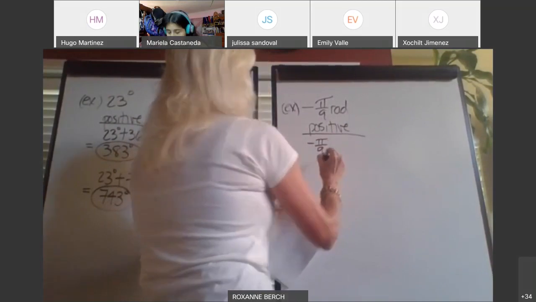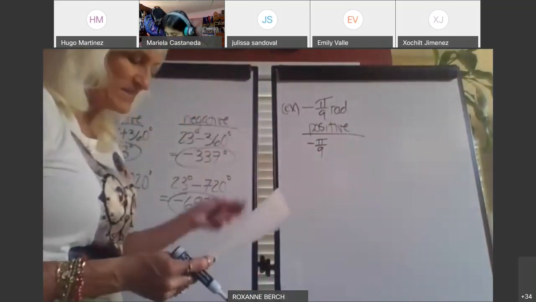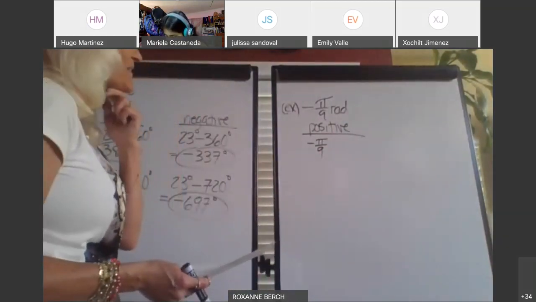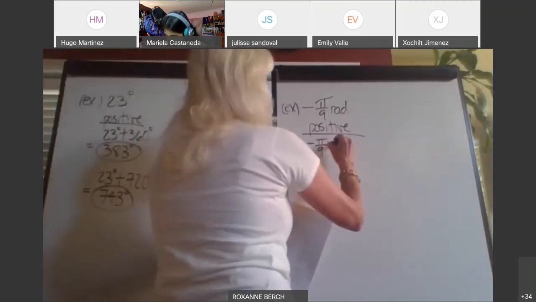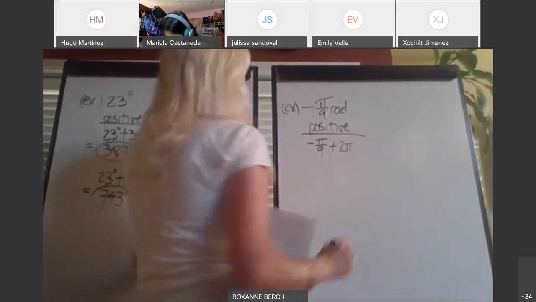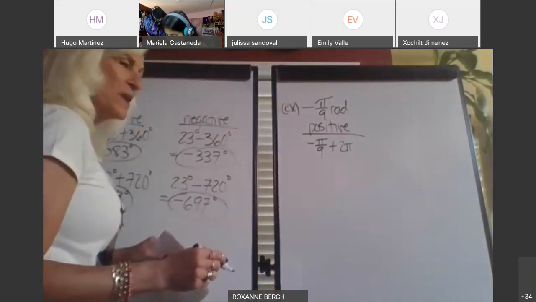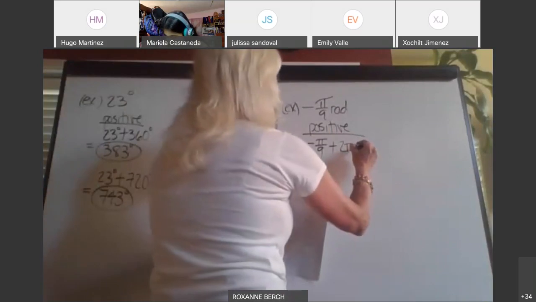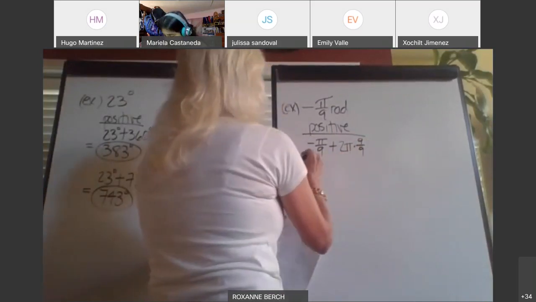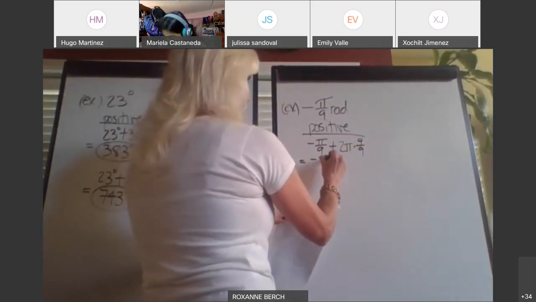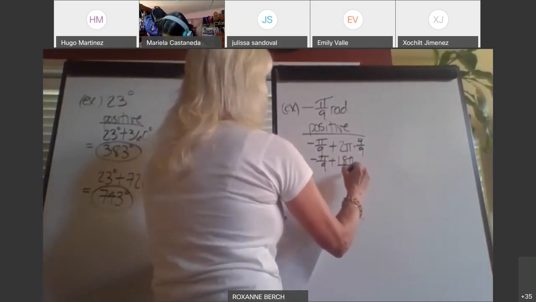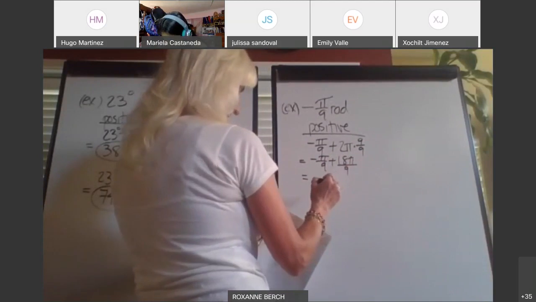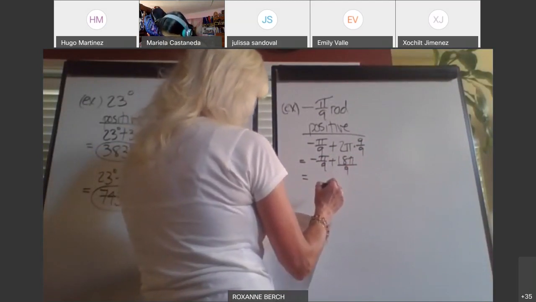Well, and this is why I'm adding and subtracting fractions, because you have to do this every day of your life in trigonometry. To get a positive one, you would add 2 pi, and unfortunately, you have to get a common denominator. So you would have to multiply by 9 over 9. So this ends up being negative pi over 9 plus 18 pi over 9, which is 17 pi over 9.